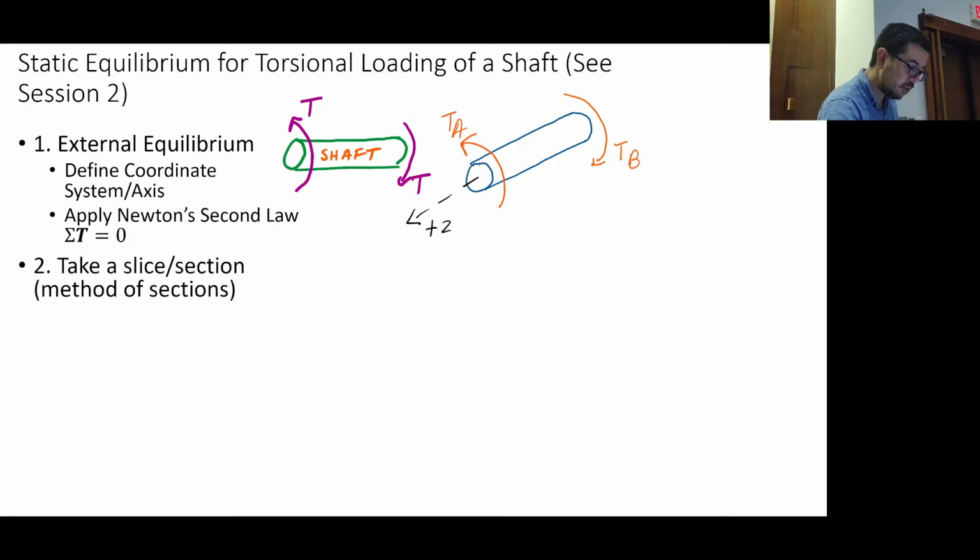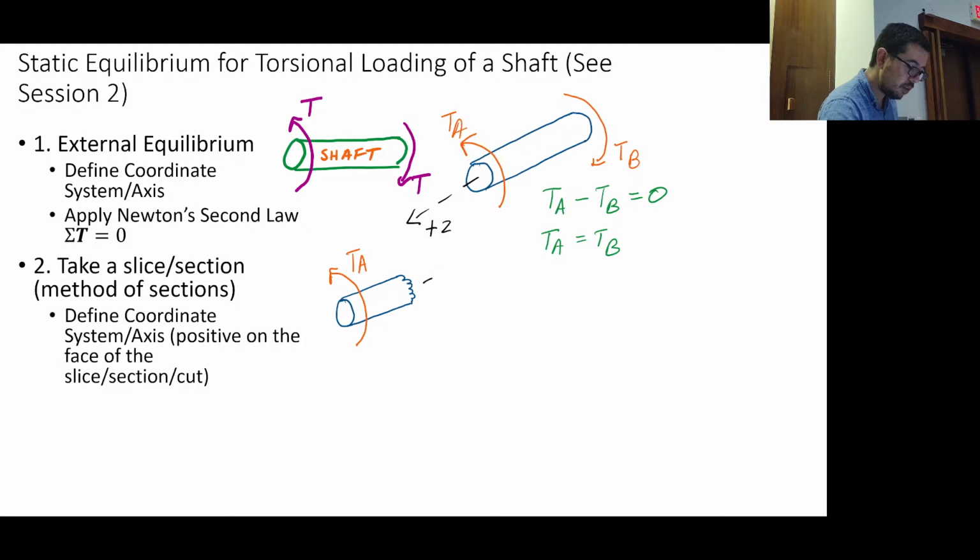And then when we want the internal, we have to do a slice, and this is where we usually follow a convention: when you take that slice, make sure that you're using the right-hand rule when you prescribe the direction of the torque, or the angle of twist, that you're interested in describing.